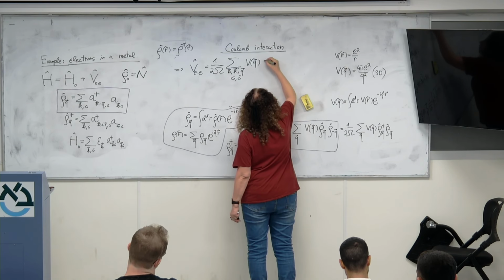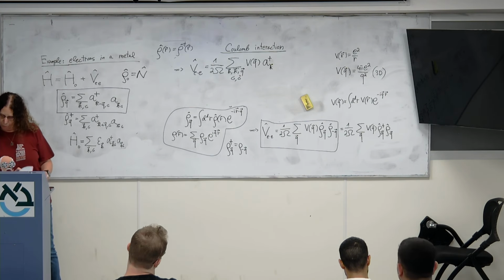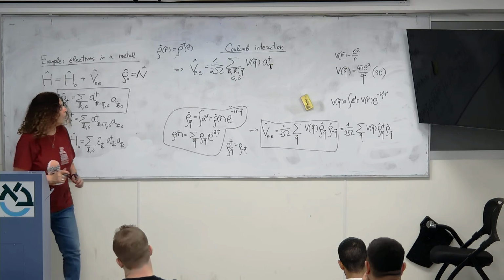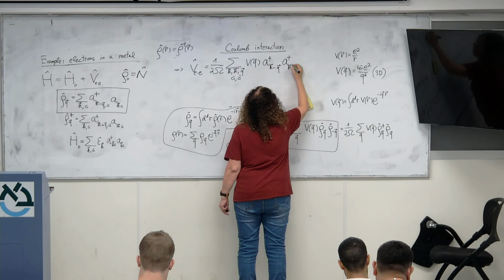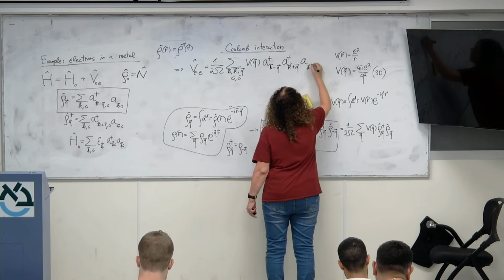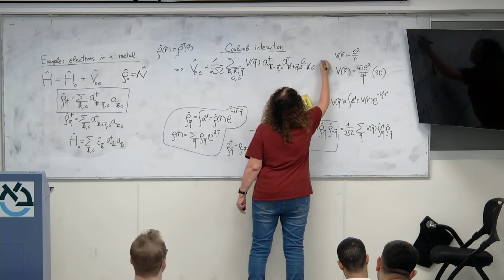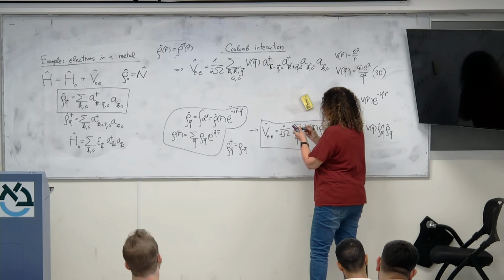And now we have a dagger k plus Q sigma, a dagger k prime minus Q sigma prime, a k prime sigma prime, a k sigma. Okay. That's the expression.